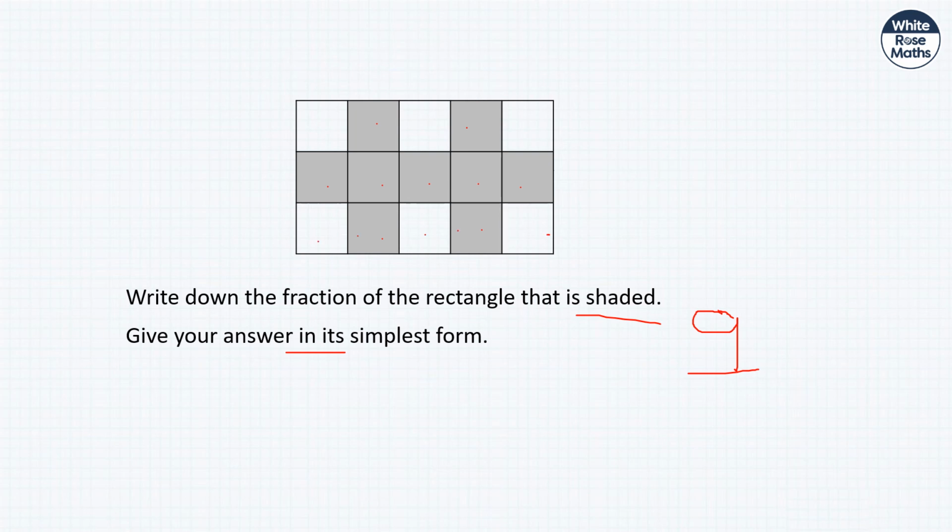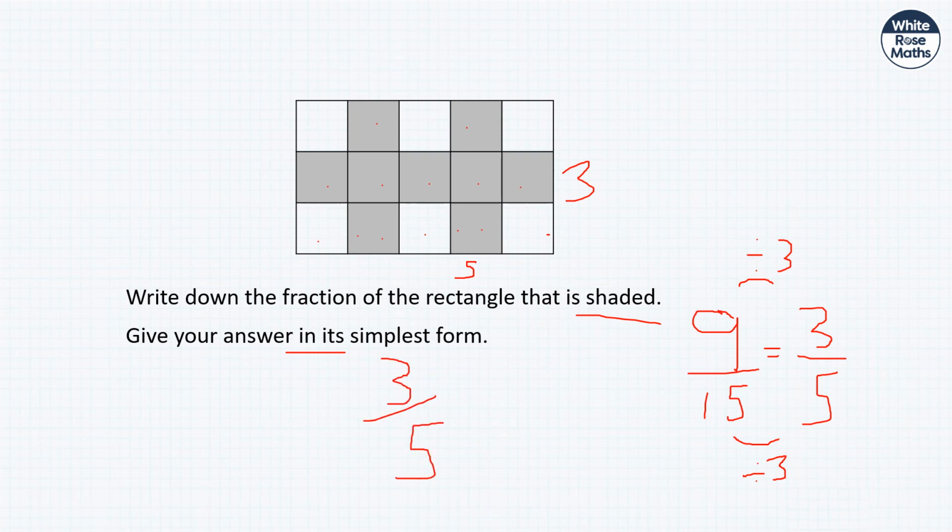So it's 5 by 3, so it's going to be out of 15, so 9/15. Dividing top and bottom by 3, I get the answer of 3/5. Again, it's practicing knowing your highest common factors of numbers when you simplify fractions. So your final answer for this question is 3/5.